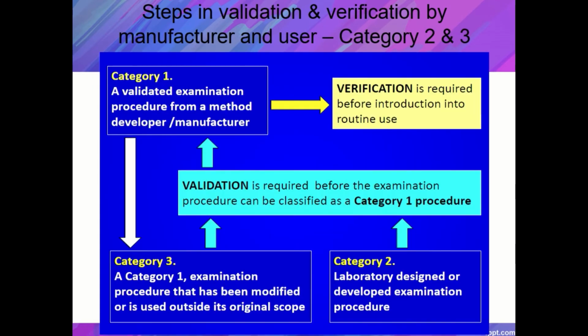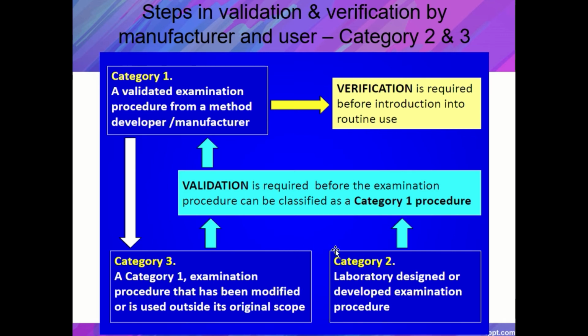So for category 2 and 3, category 3 means that it is a category 1 test, the examination procedure that has been modified or is used outside its original scope. And for category 2, the laboratory designs or develops an examination procedure.